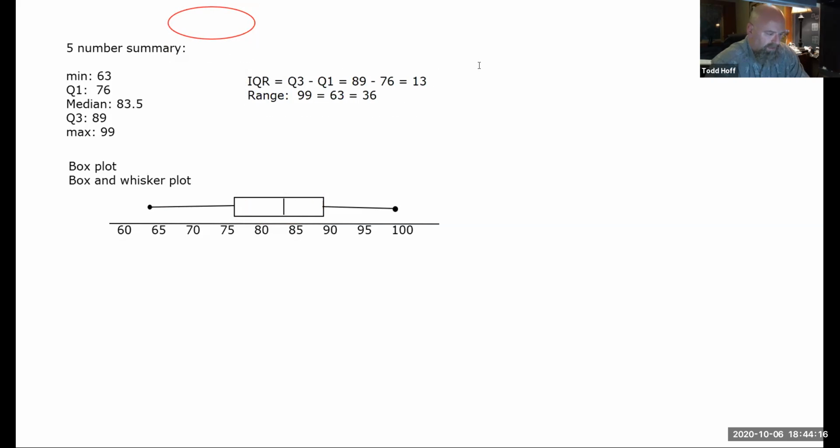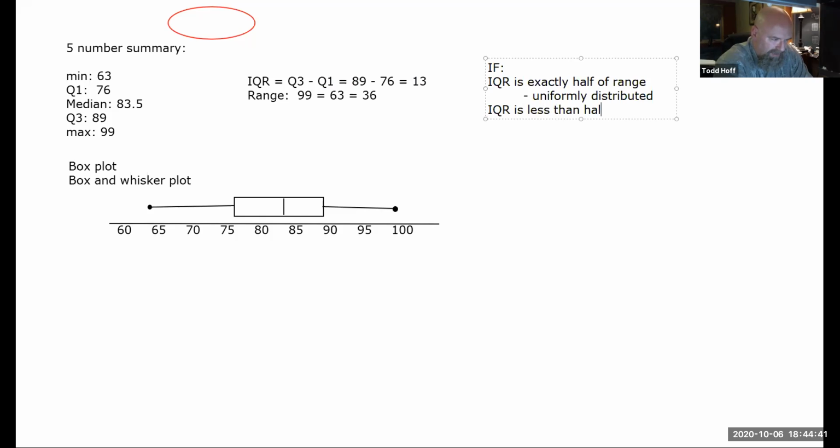If the IQR is exactly half of the range, this is what you would call most likely a uniformly distributed set of data. In other words, it's equally spread out along the whole range of the data. If the IQR is less than half of the range, then it's more in the center.